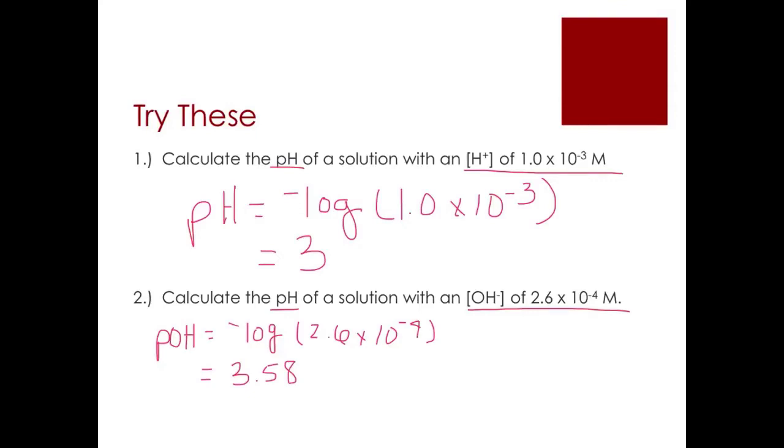Since pH plus pOH always equals 14, if we subtract our pOH from 14, we'll be left with the pH, which in this case is 10.42. So here we have a base, whereas up here we had an acid.